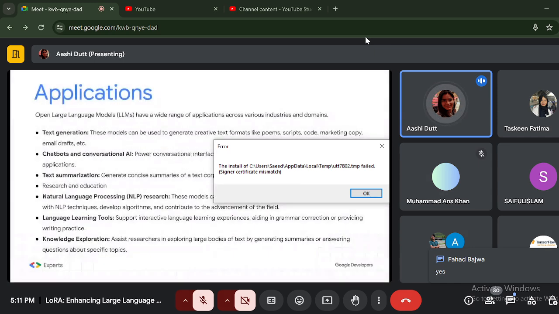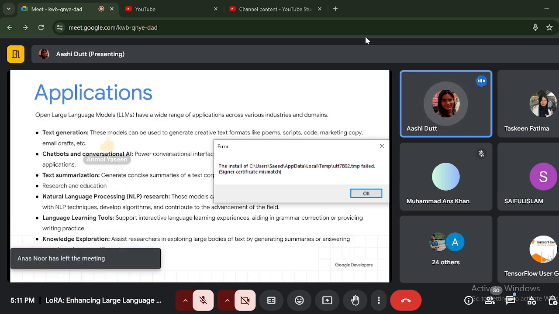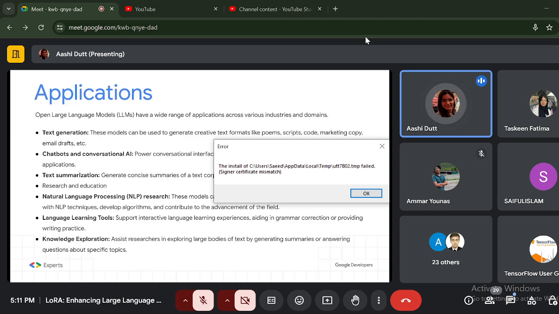A few of the applications of large language models include text generation. Of course, we have used ChatGPT and Gemini, previously known as Bard, for text generation, summarizing and doing things. Then chatbots: many bank applications and clothing websites use conversational AI tools.